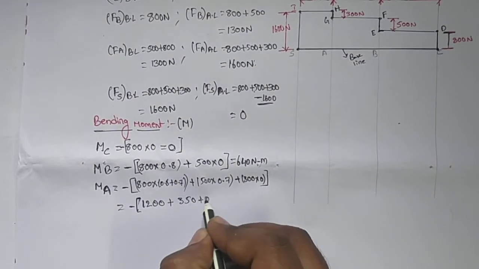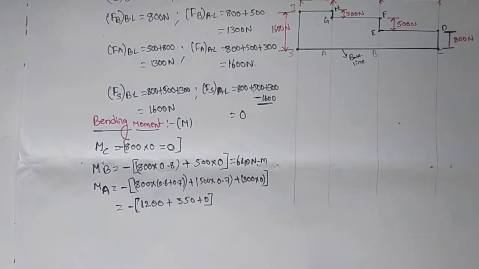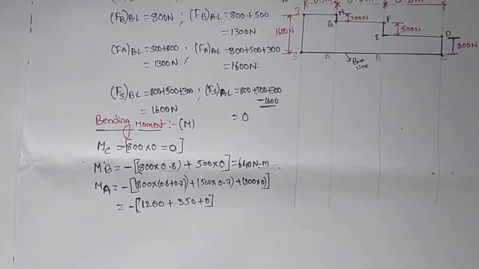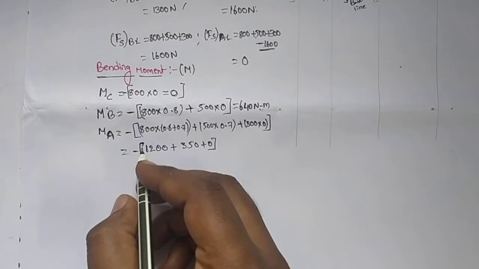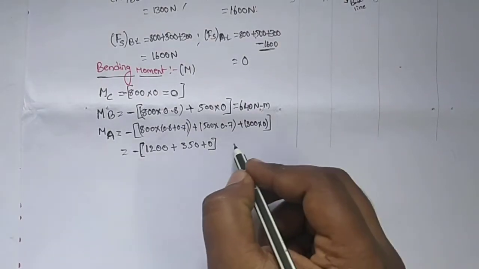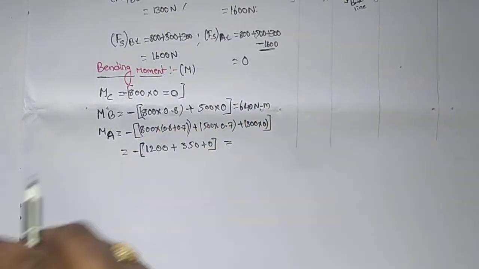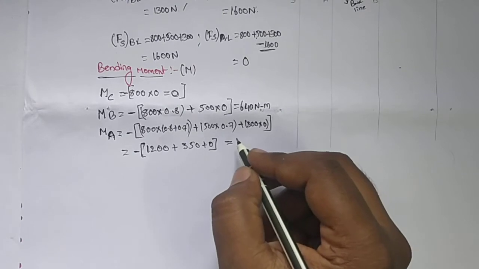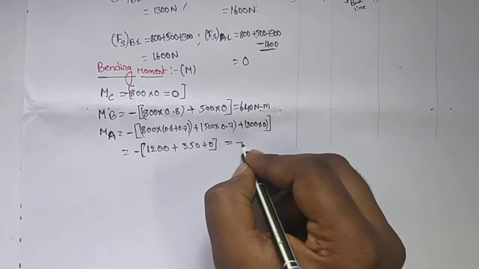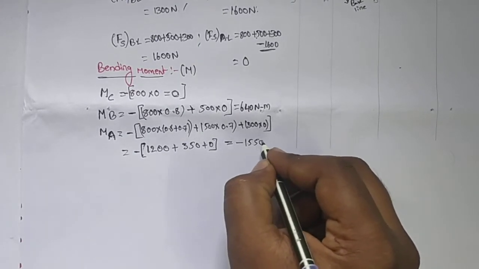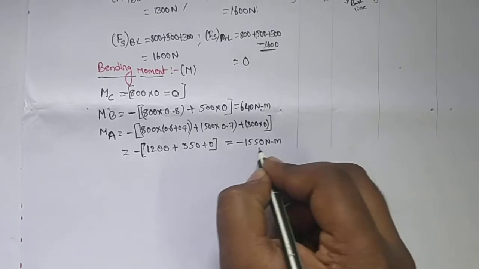Next, plus 0. Okay. Therefore, the total bending moment at point A is equals to minus 1550 Newton meter.